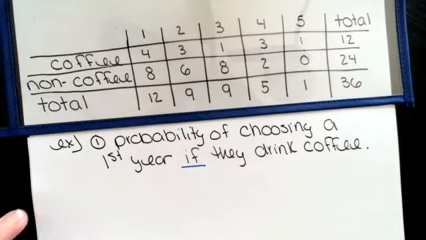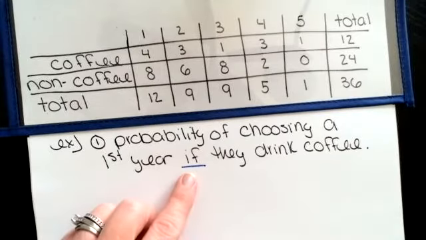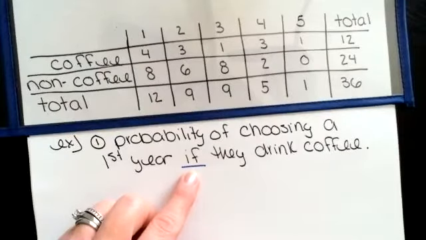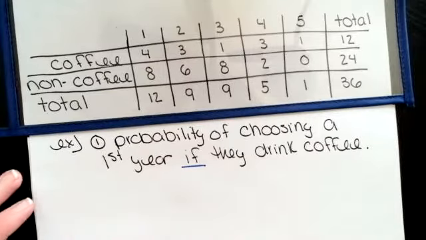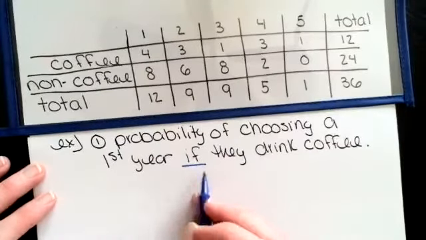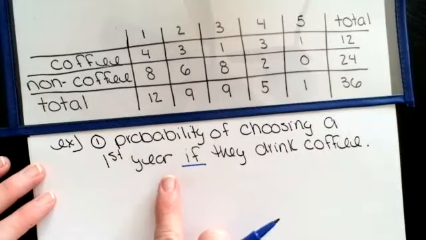It's not like that for conditional probability. You might see if, you might see given, you might see out of, that kind of stuff, okay? So we just have to make sure we read this and then we get what we're trying to do.